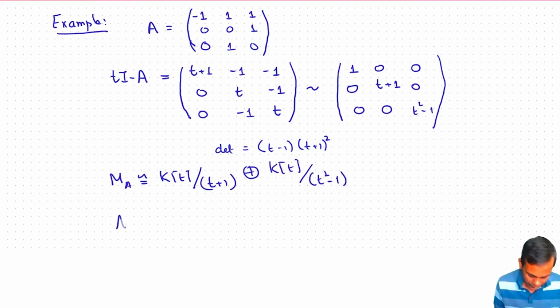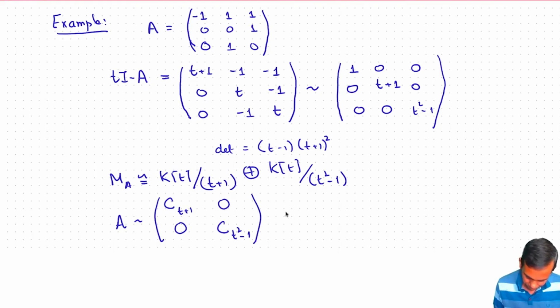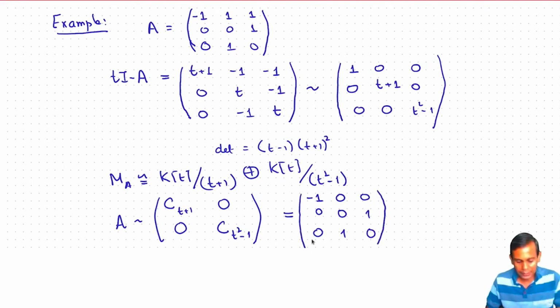And so A is similar to the companion matrix of T plus 1 and the companion matrix of T squared minus 1. The companion matrix of T plus 1 is just minus 1, and the companion matrix of T squared minus 1 is 0, 1, 1, 0. So this is the rational canonical form of the matrix A that we have taken.